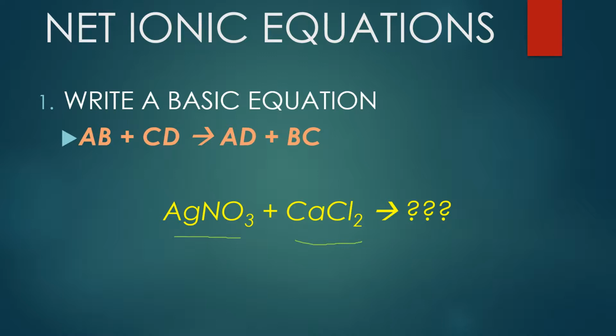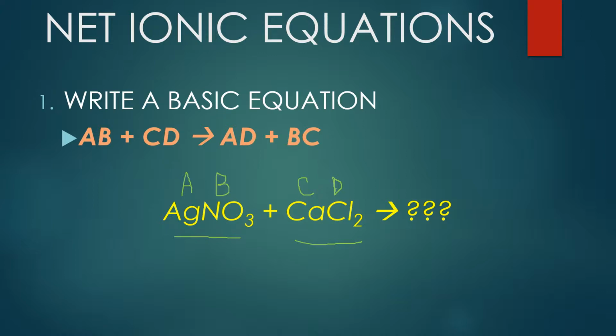Well, we can very easily call this first ion, the Ag, A, and then the nitrate, we're going to call that B. This calcium is C, and this chlorine, or chloride, because it's going to be an ion, is D.